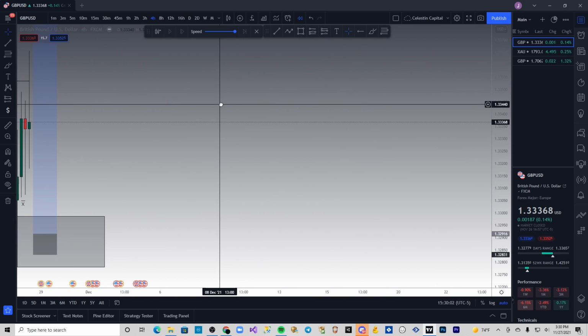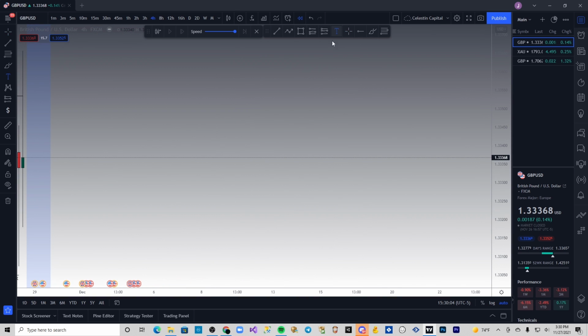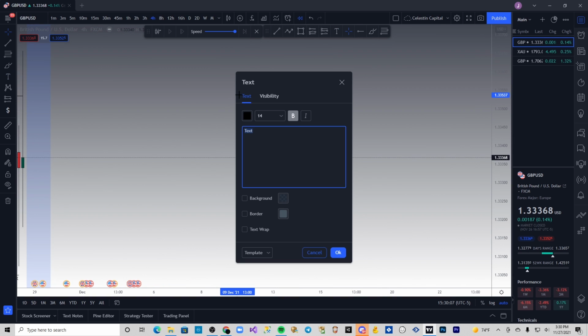So before I get into the video, here's a quick note I want you guys to understand. These are the three entry criteria that I look for whenever I open my charts.